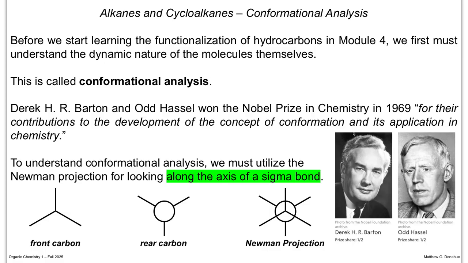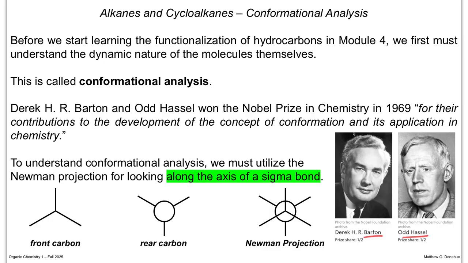Because the Nobel Prize in Chemistry was awarded today, this topic was actually recognized with a Nobel Prize in 1969 to Derek Barton and Odd Hassel, who really started to describe that, when you draw these things on paper, you're drawing a snapshot in time, but in reality, these things are always moving.